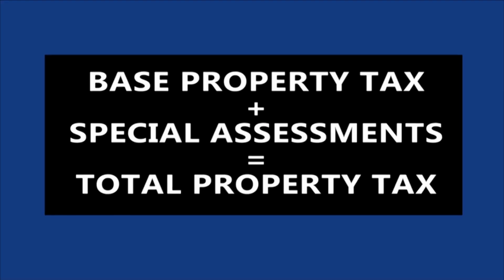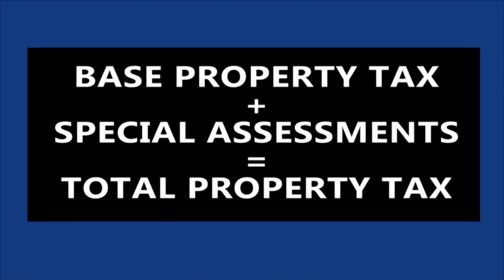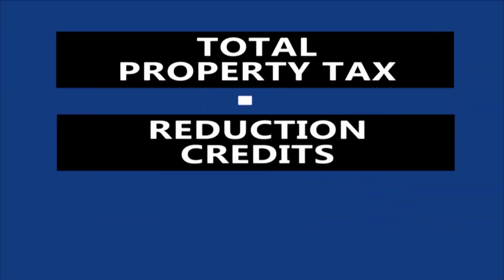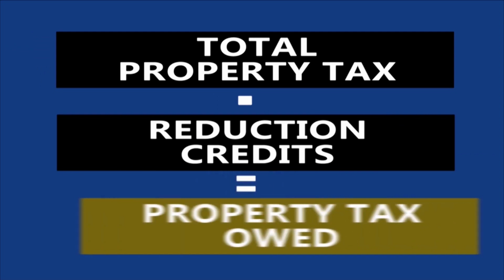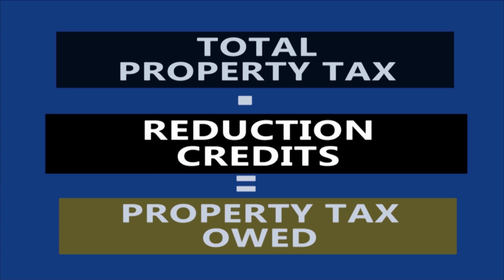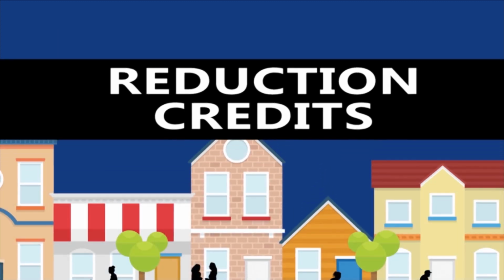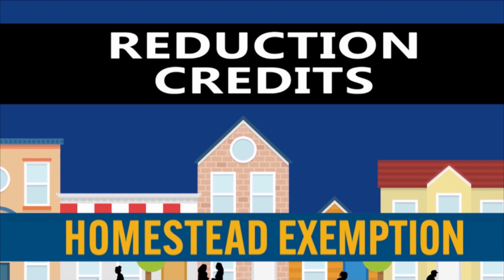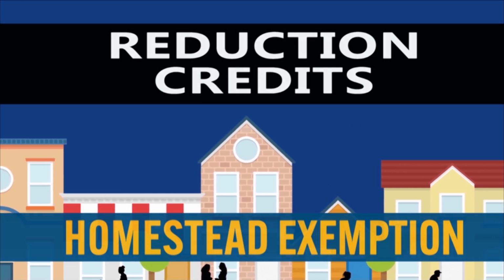The gross property tax plus the special assessments equals the total property tax for a period of time. Now, there's another step. Total property tax less reduction credits equals the property tax owed. The total property tax amount can be reduced by reduction credits, such as reduction credits for the homestead exemption program that is administered by the county auditor's office.